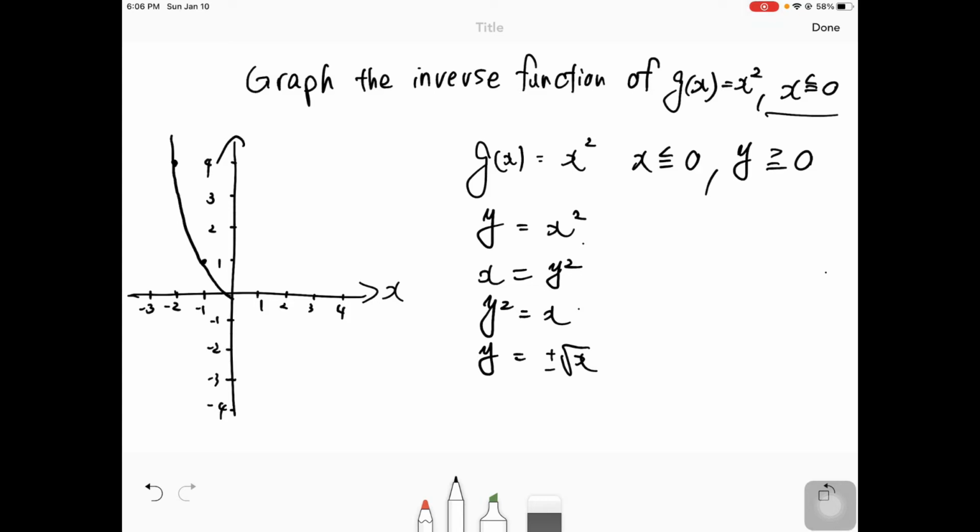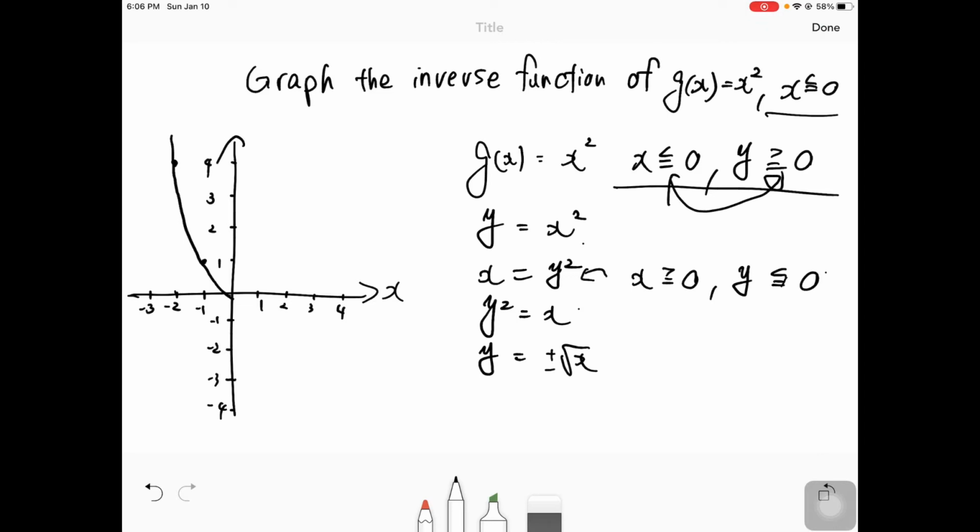Okay? But this time, here you switched the x value and y value. This means you have to switch the restriction as well. So if you switch here, it's going to be x is greater than or equal to 0 and y is smaller than or equal to 0. You got it?